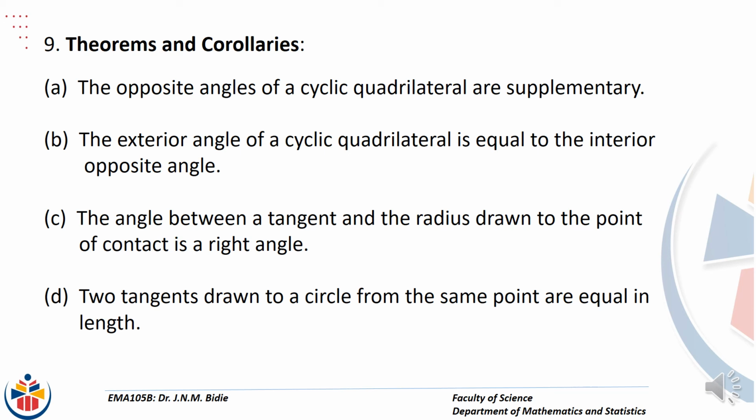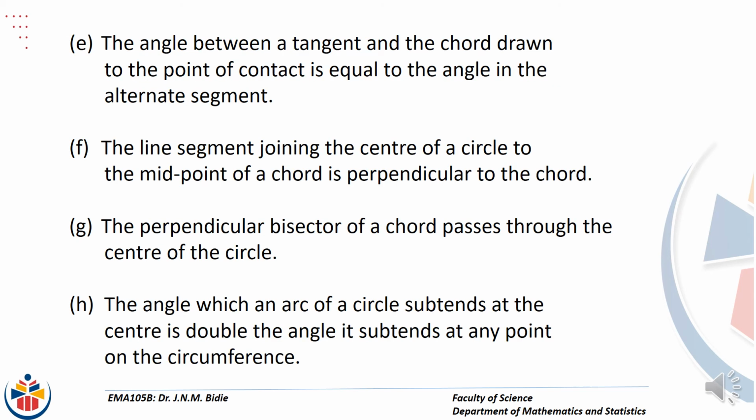Two tangents drawn to a circle from the same point are equal in length. The angle between a tangent and the chord drawn to this point of contact is equal to the angle in the alternate segment. The line segment joining the center of a circle to the midpoint of a chord is perpendicular to the chord. The perpendicular bisector of a chord passes through the center of the circle.